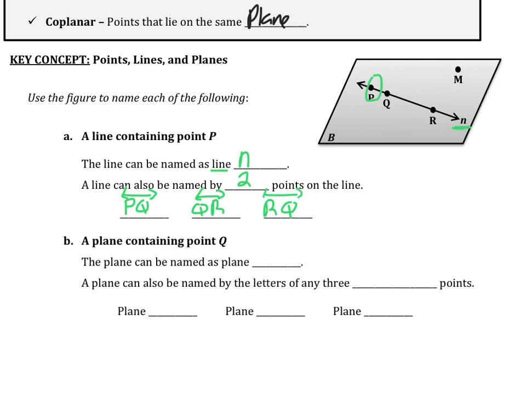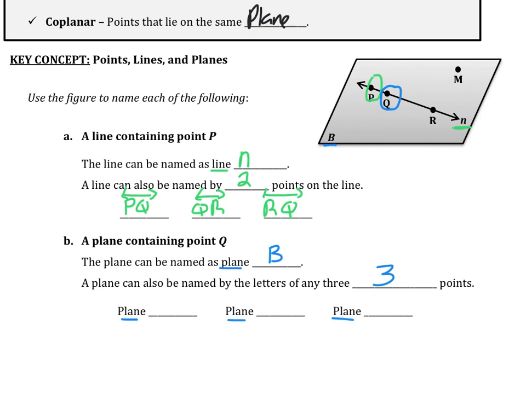Okay. So now we want to name a plane containing point Q. So we could name this as plane B, right? Using that special little letter in the corner that's not attached to a point. Or we could name this plane using any 3 points. Now, because when we're naming a plane, we don't have any sort of special notation, we do need to write that word in front of our 3 letters.